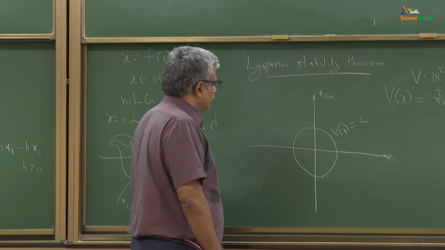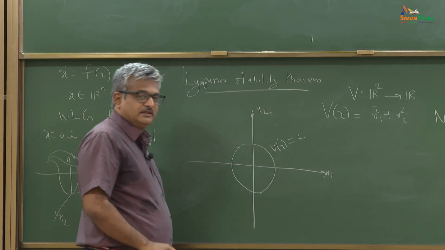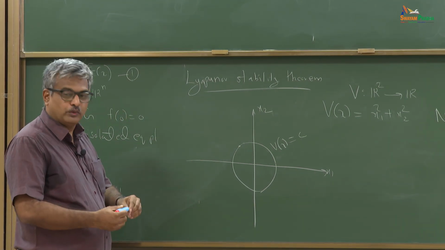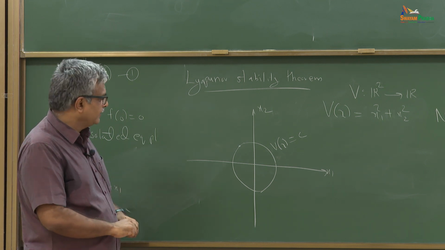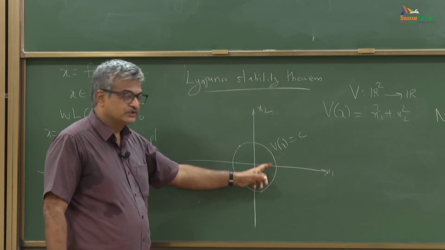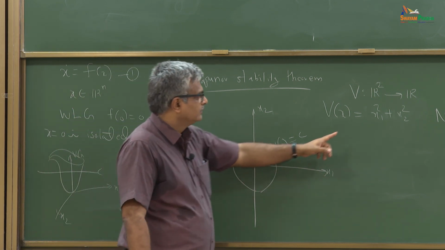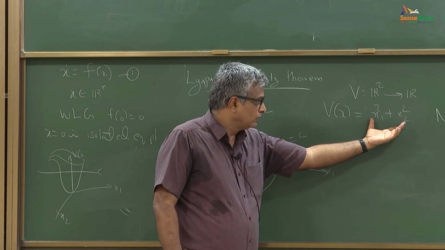It will help you to understand what is happening. Now, at any point, which direction does the gradient point? The gradient points in the direction where the function is increasing. And remember, this is a nice closed curve. Here I have taken something quadratic.